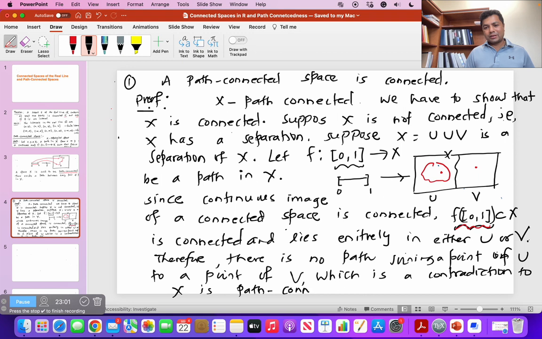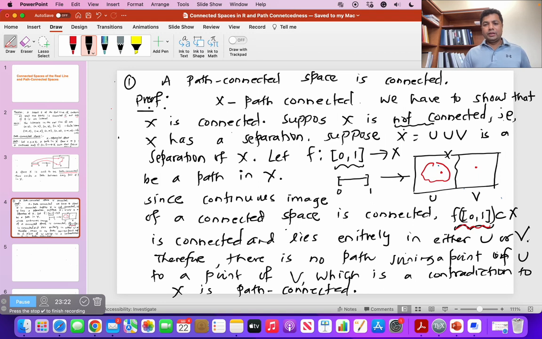Since X is path connected, no matter which pair of points we pick, there should be a path. This contradiction implies that our assumption, X is not connected, is wrong. That's why X is connected.